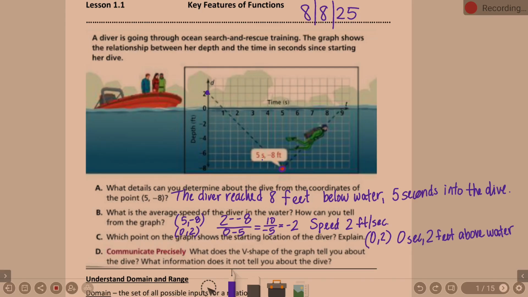So I'm going to put on here, diver dove down, swam back up, and then the question I'll put is just in general about the path, but did the diver swim horizontally?